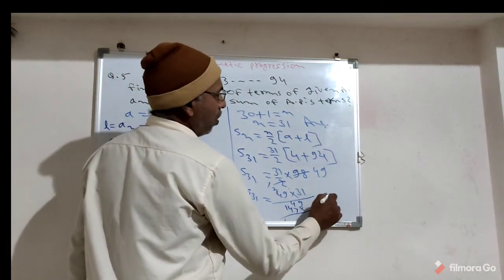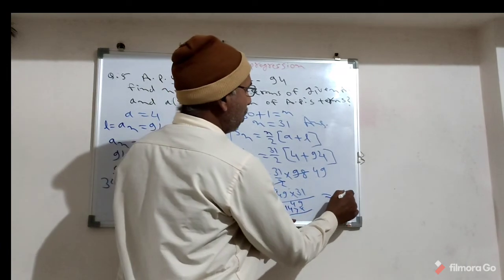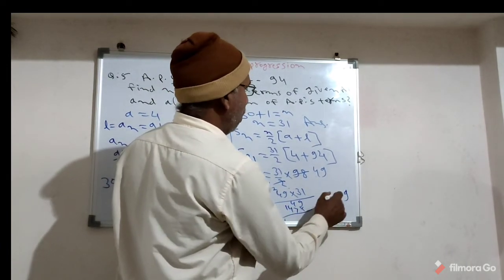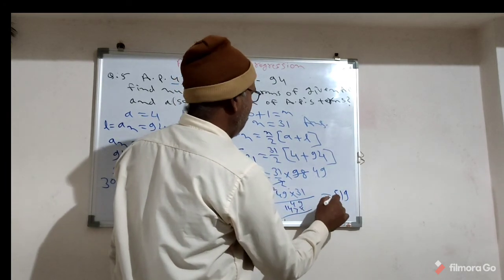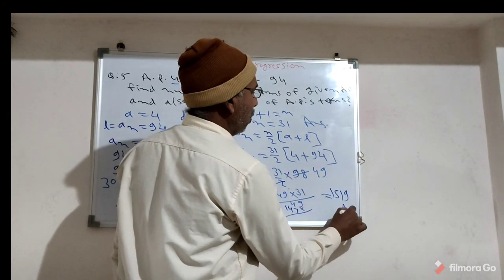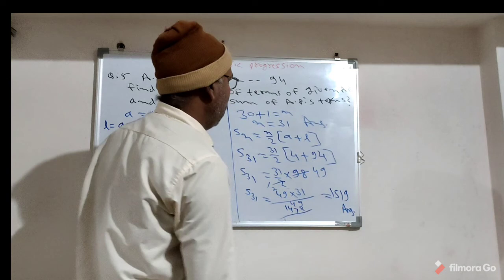Then here we get 9, 11, carry 1, 5, 1. Answer, 1519. Now you can take the screenshot. Thanks for learning APs.